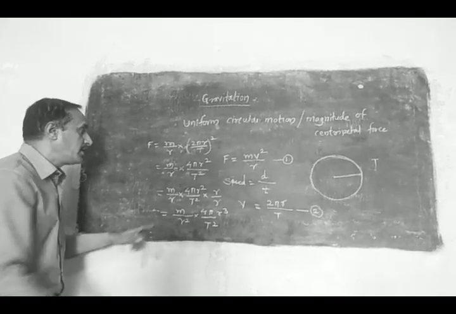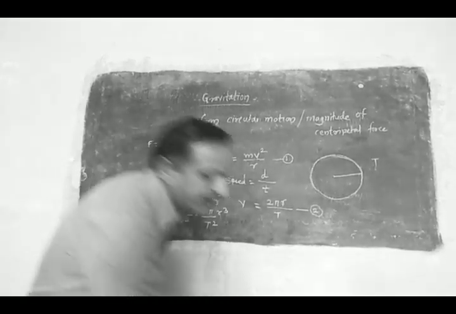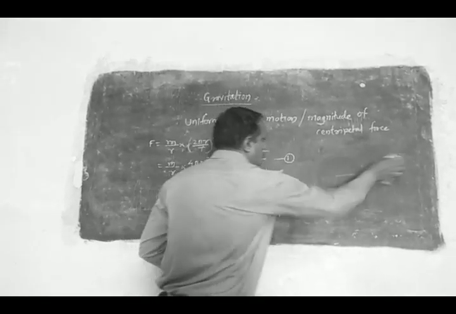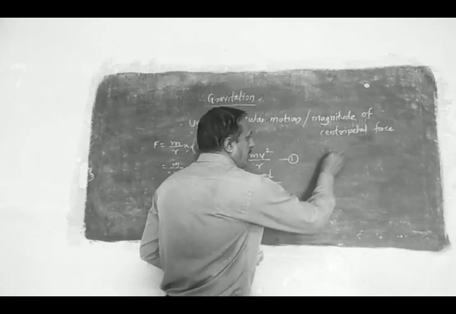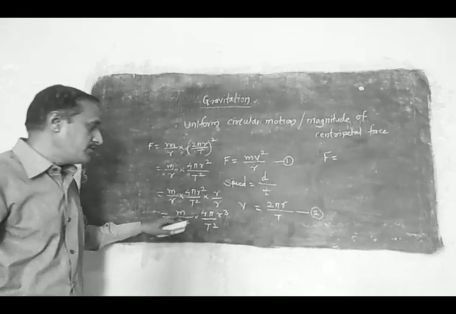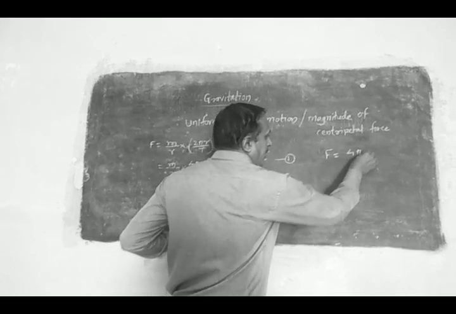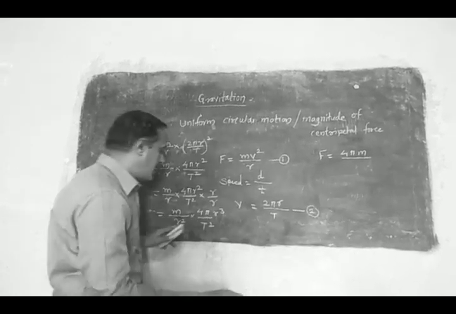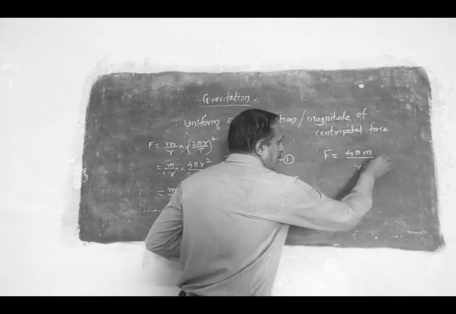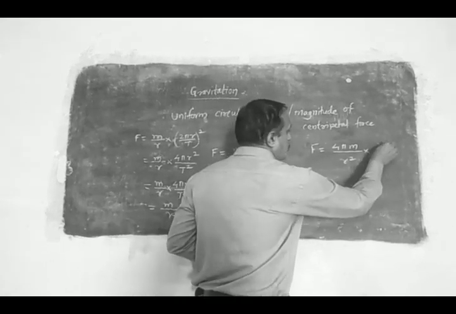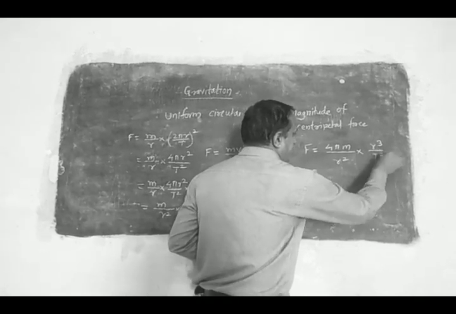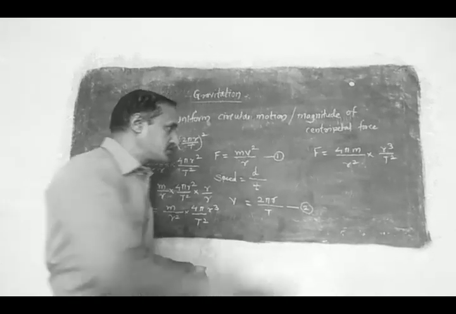So what I got here now, I will write the equation again. F equals 4 pi m upon r square into r cube upon T square. This is equation 3.